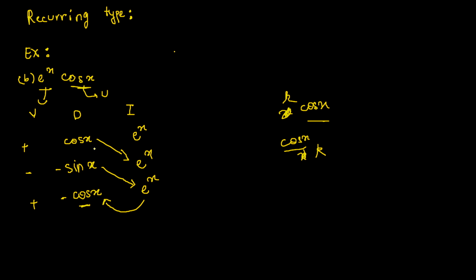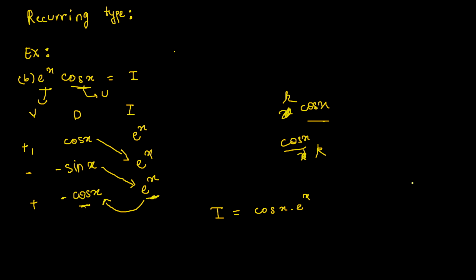And then what we do is we start in the same way again. We add a plus minus plus here. First term of D with second term of I, second term of D with third term of I. And then what we do is we multiply the last term here with the last term in the D column. So let's say my e to the power x into cos x is I. So I have I is equal to cos x into e to the power x.